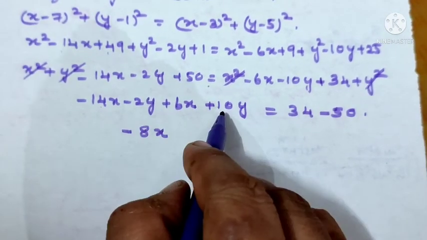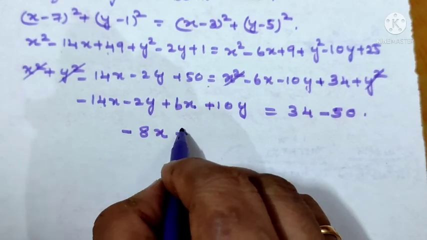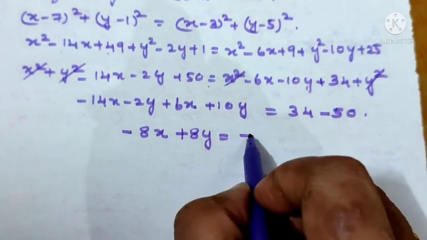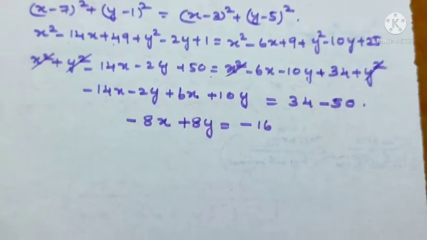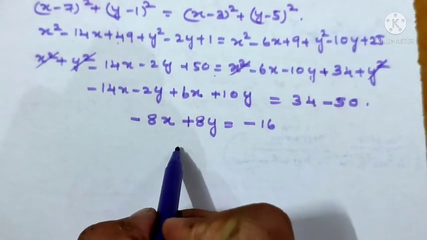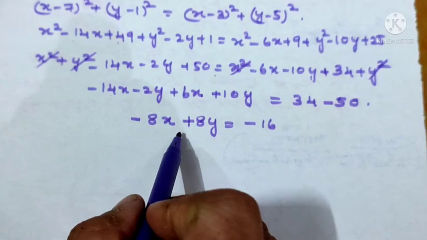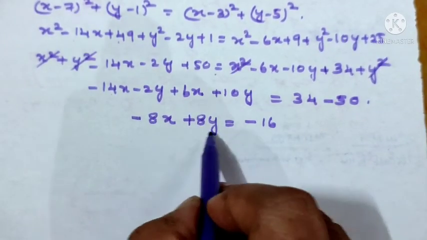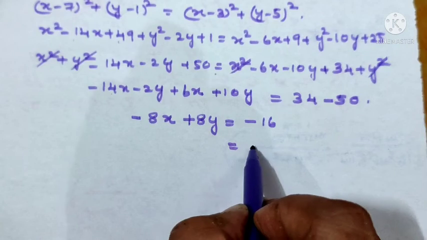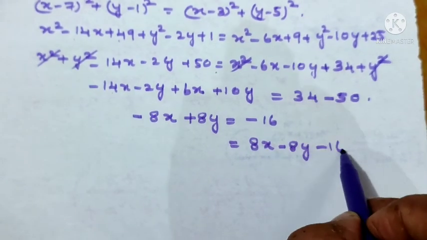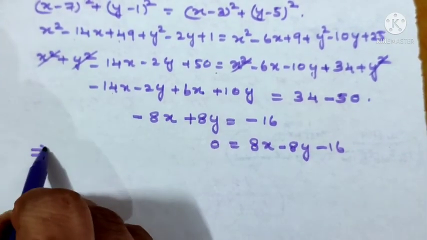Minus 2y plus 10y, again 8 only, but this time it is plus sign. 34 minus 50, it is equal to minus 16. The question asks to find the relation only. So we can bring all the terms to one side, so minus 8x we are bringing to this side: 8x minus 8y minus 16 equal to 0.